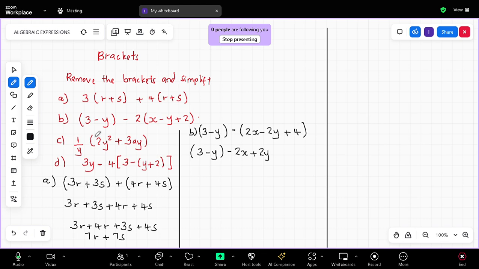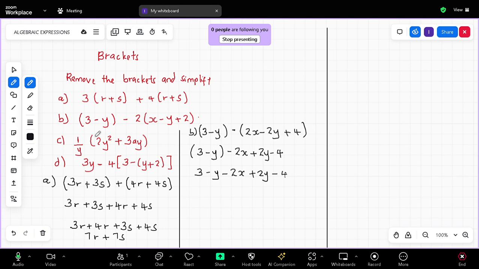Negative by positive is a negative 4. So it becomes 3 minus y, then minus 2x, plus 2y, minus 4.